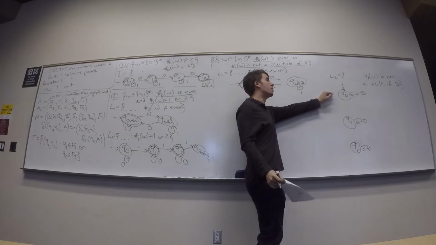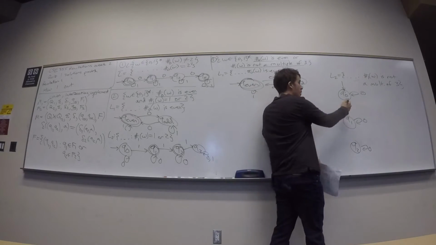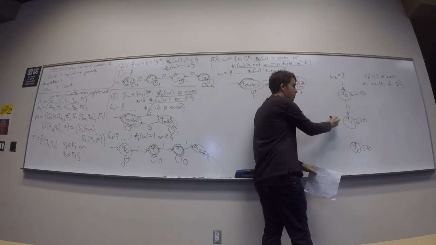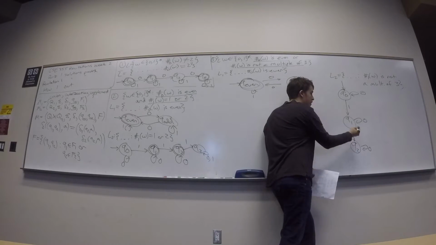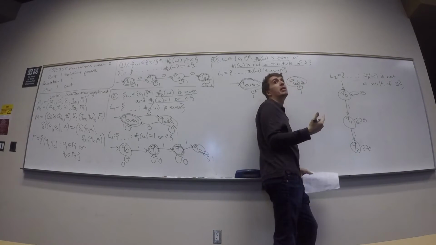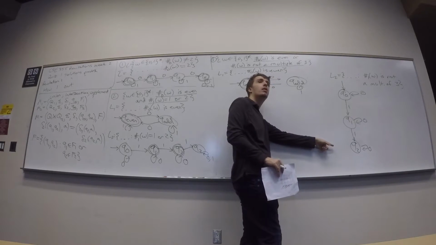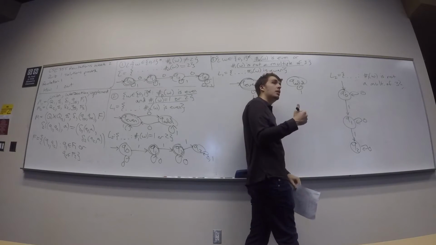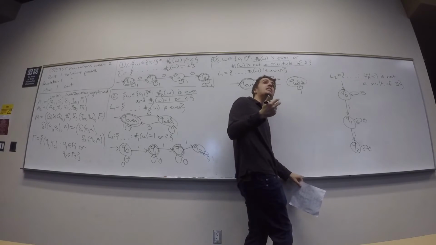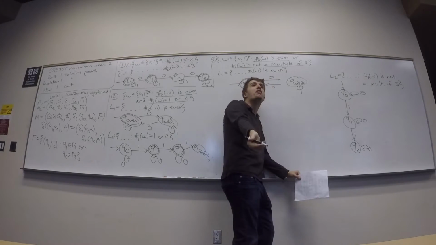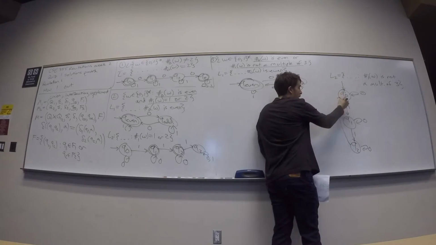Let's start from the beginning. Q0 on input 1, where does that go? Q1, good. Where does Q1 go on input 1? Q2, yep, because if I have remainder 1, then I read 1 more, now I have remainder 2. Where does Q2 go on input 1? Back to Q0. Wait, shouldn't I go to a Q3? No, because if I have a multiple of 3 and I add 3, now I still have a multiple of 3. So I should come back here.